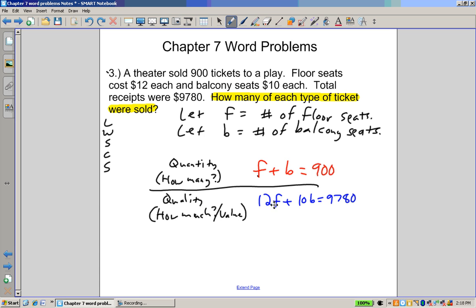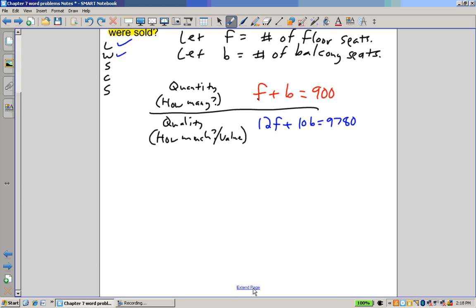Okay, and now I'm going to try to choose my method. We've defined our variables, we've written our equation, now we're going to solve. I think I'm probably going to use linear combination for this. So on the red, f plus b equals 900. 12f plus 10b equals 9,780.